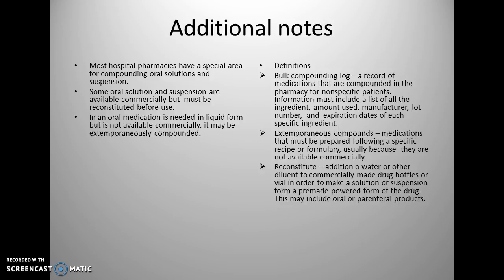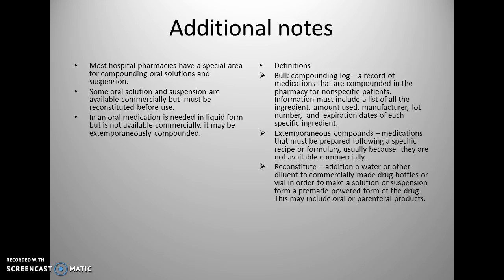Certain key definitions in relationship to compounding that you should be familiar with: bulk compounding log, which we just talked about a few moments ago. This is the record of everything that is used to make this particular medication: the ingredients, the amount used, the manufacturer of those particular products, lot number, expiration date.